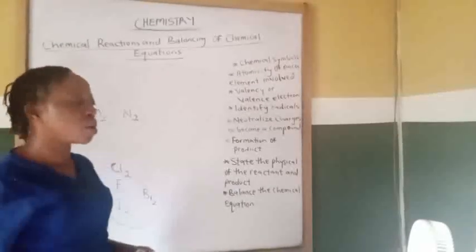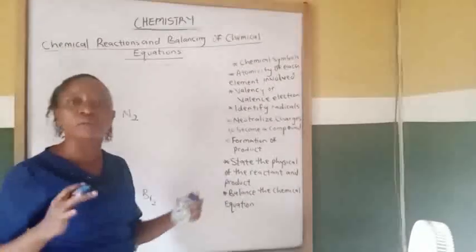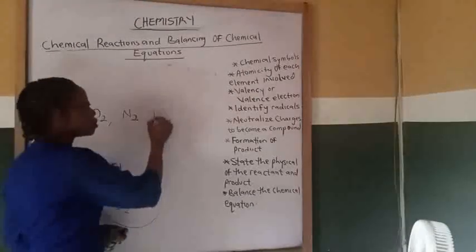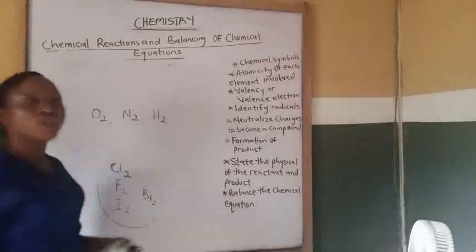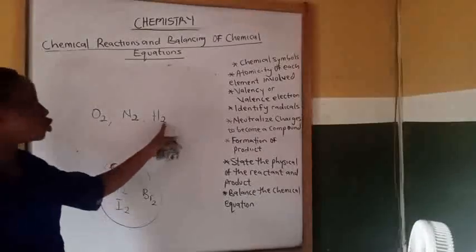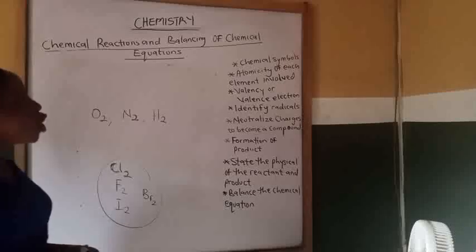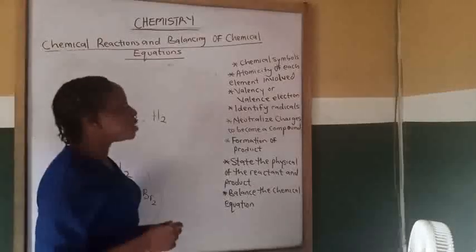They are diatomic. So when you are using them during chemical reaction, you put subscript 2. Then hydrogen 2. Hydrogen is a diatomic gas. So you put subscript 2 when you are using them during chemical reaction. Then we also have triatomic gas.